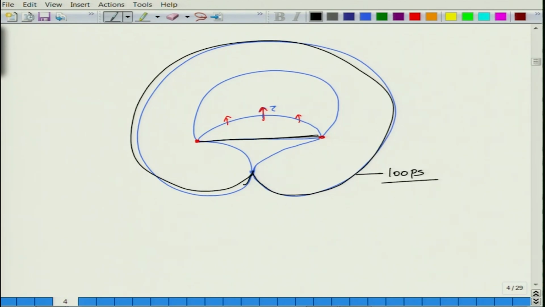If this is the Burgers vector, let us say B, and these are the edge components, here it is T positive, this is T negative, so one is positive and one is negative. Depending upon the orientation of T with respect to B, one will be a positive edge, another a negative edge, and they will cancel or annihilate each other, giving rise to a dislocation loop.